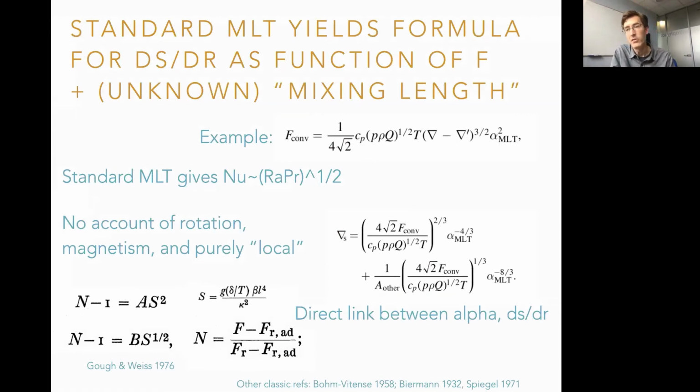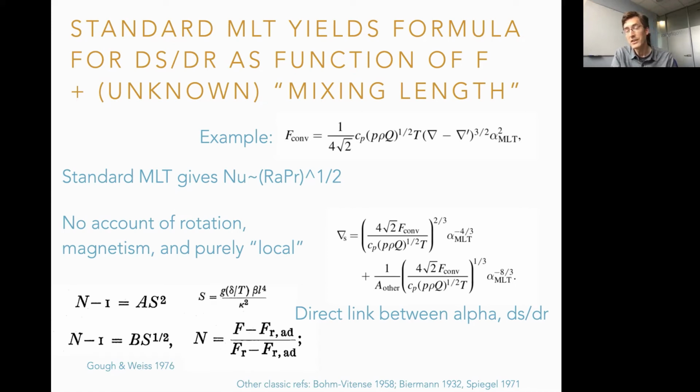If you look at the version of mixing length theory that is used today, they all are equivalent to this kind of argument. The classic paper that I'd recommend you look at if you're new to this stuff is by Douglas Gough and Nigel Weiss in 1976, which talks about the asymptotic equivalence of various flavors of mixing length theory. Roughly speaking, there are two extremes.